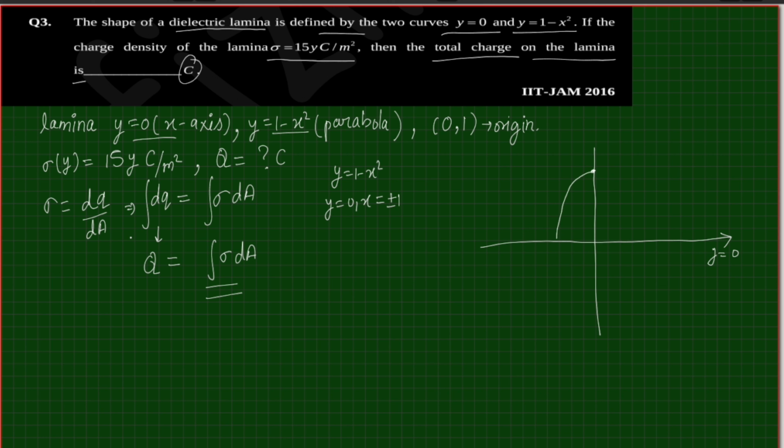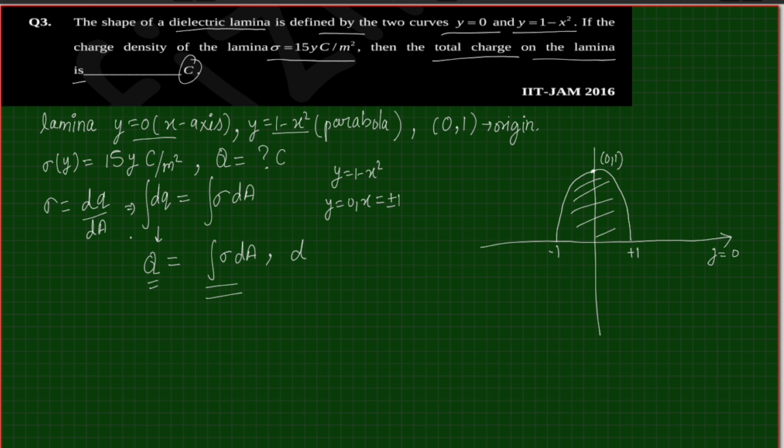So the parabola will be something like this. This is minus 1 to plus 1. This is 0 and 1. So if we know this area, and it will be multiplied by sigma, then total charge we can calculate easily. Let us first find the limits.